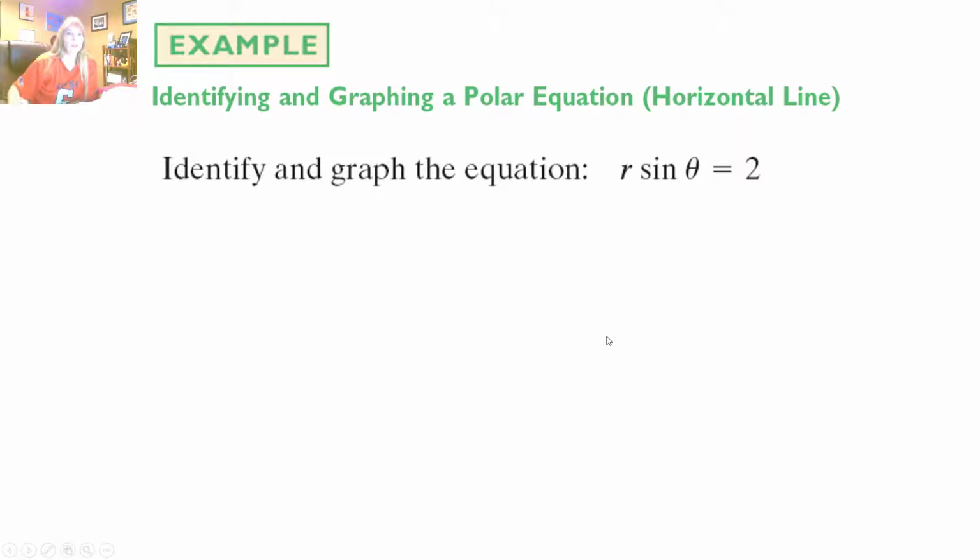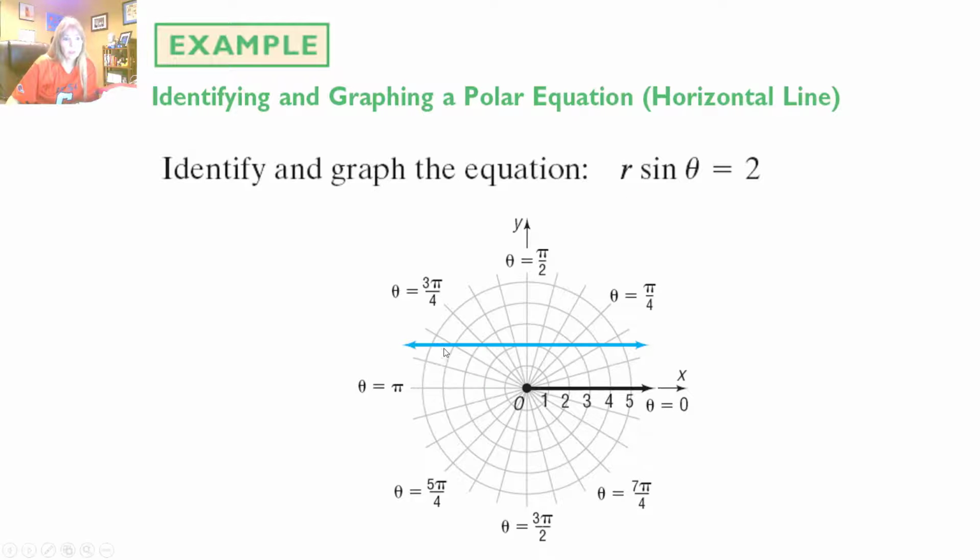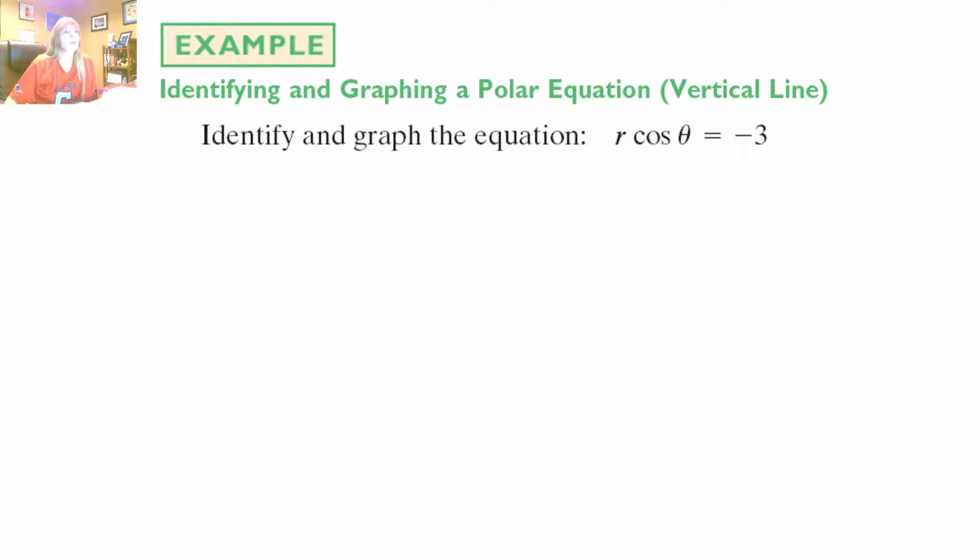What if I want to identify the graph of this equation? Well, remembering that r sine theta is y, this is simply the horizontal line, y equals 2. Right here. Notice I went up from here, 1, 2, and then I drew my straight line. I can do this with a vertical line because I remember that r cosine theta is the same as x.